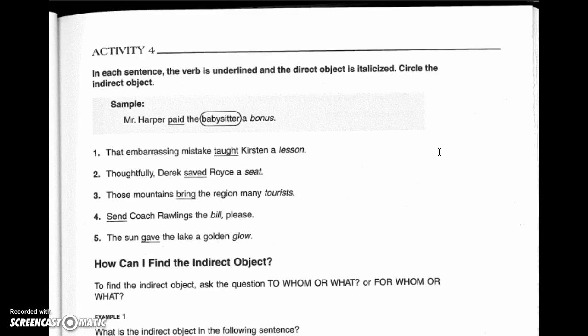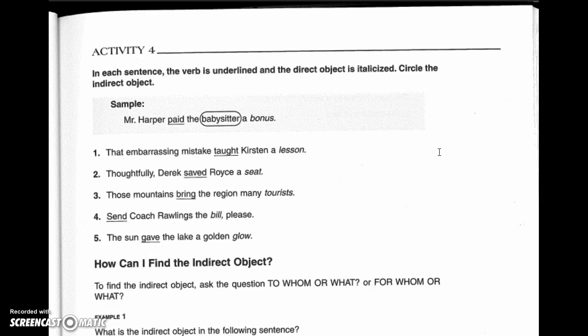In activity 4, there are 5 questions that I'd like you to answer, and what you're going to do is write out as you see in the sample, the verb, which is going to be underlined for you, and then just write and circle the direct object. You're going to circle the indirect object because the direct object is in italics.